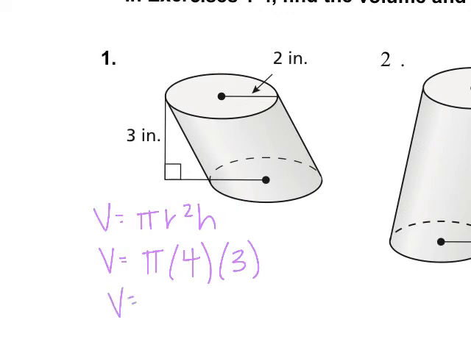Okay? So 12 times pi. What'd you guys get? 37.7. All right, that's what I got. 37.7 inches cubed. Yep.